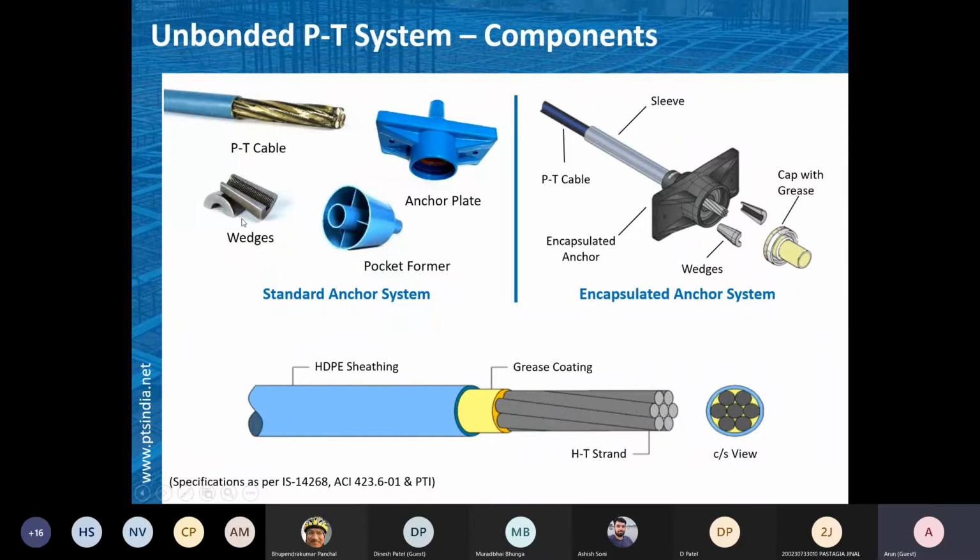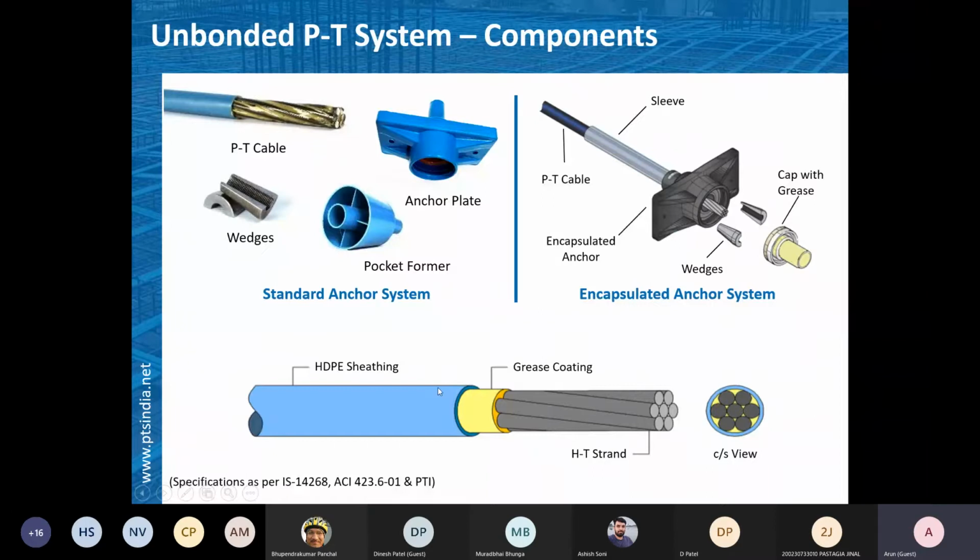These are the nuts and bolts to achieve the force applied and locked in the member. You can see there is a cable inside the anchorage, and then the wedges are applied to lock the cable, and after locking, the grease cap is applied, so it covers everything. This is how everything is protected.